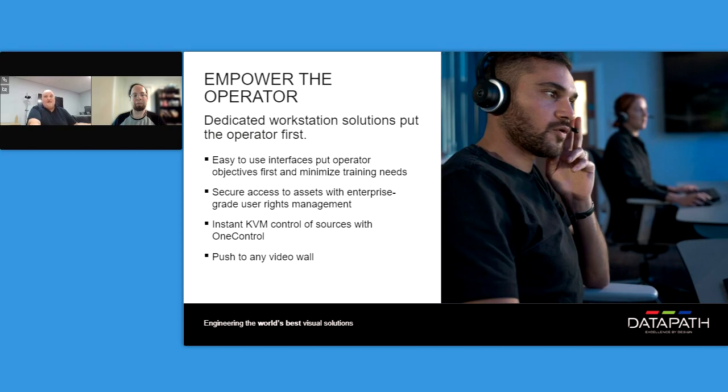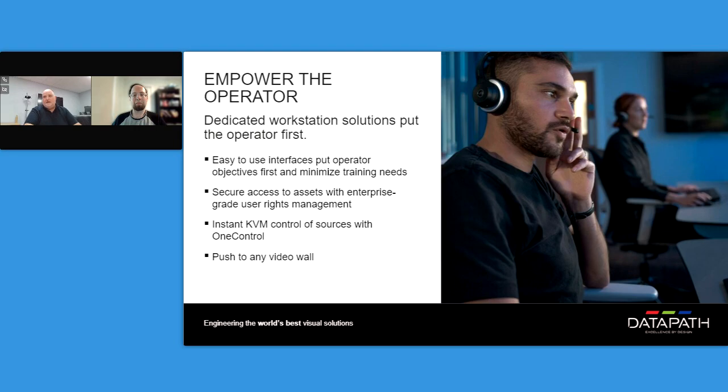Anything anywhere does mean you can push from your workstation to a video wall, and that video wall might be the one in front of you for team collaboration. Equally, in an emergency situation or a situation that needs a dedicated team to come together, I can send that content into the briefing room, the crisis room, the emergency center, whatever name that room has, but it's a separate location.